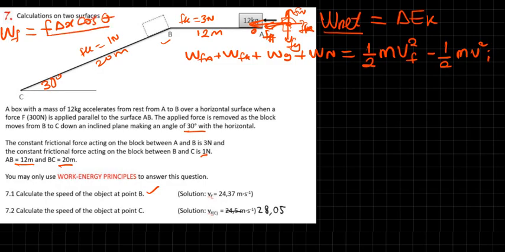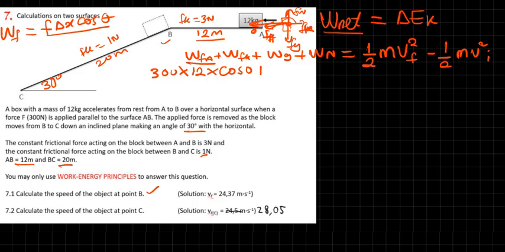So to find the work done by the applied force, I take the applied force, which is 300, multiplied by the displacement, which in this case is 12, and multiply by the cos of the angle, which is cos 0 because they go in the same direction.